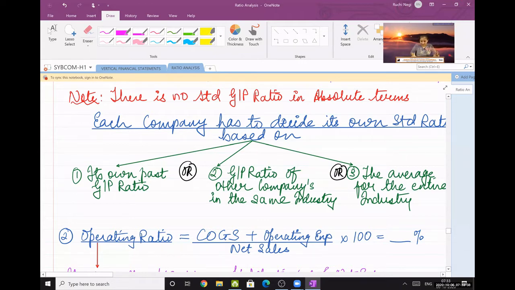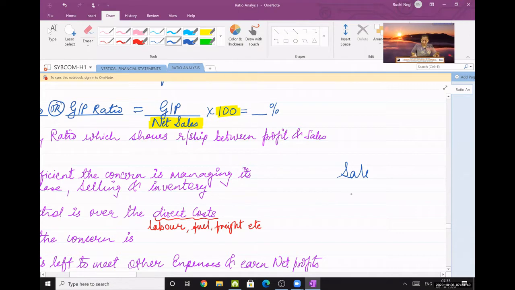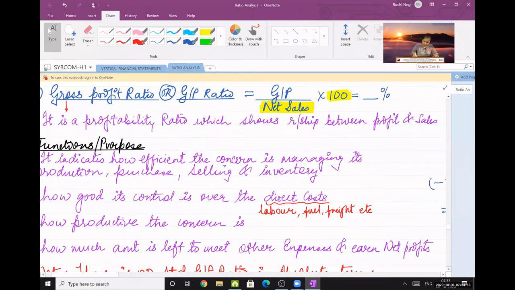It is sales less COGS and we get gross profit, isn't it? This COGS is a combination of direct cost.